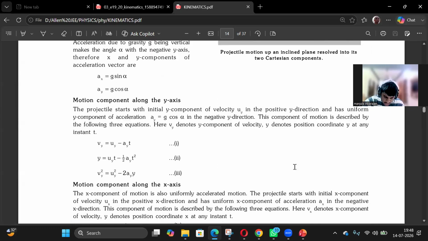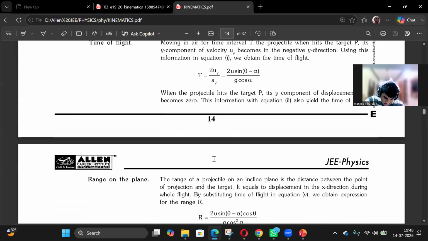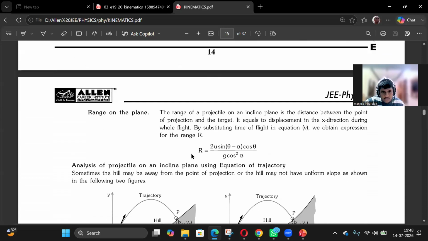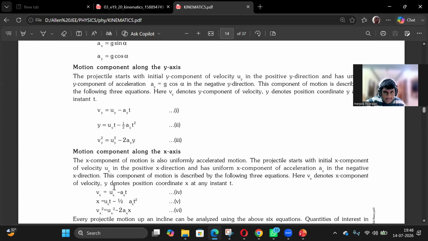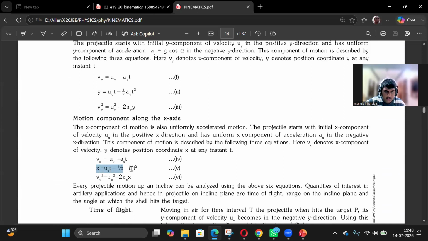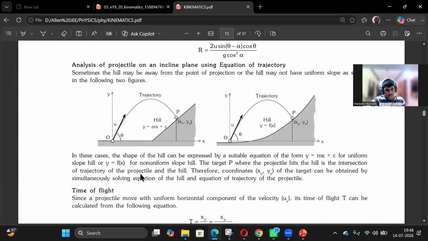So flight time we got from the first formula. Once I know that, I have to use x equal to ut plus half at square. So x is the range at t equal to capital T. If you put t equal to capital T, x will become range R. Everything else is known. From that, you'll get this range formula. Yes, sir.